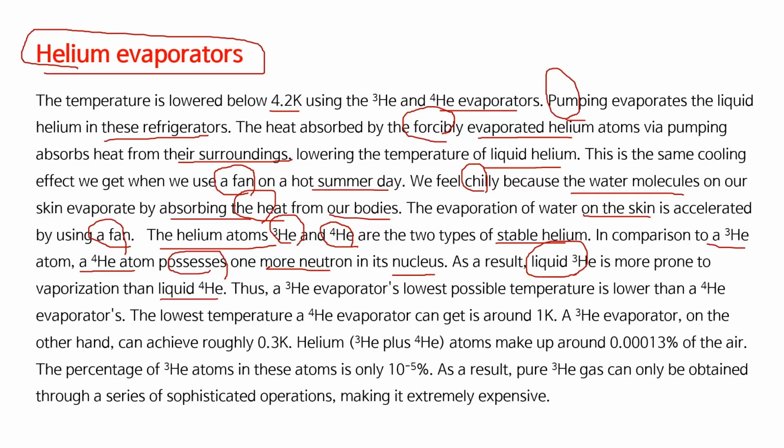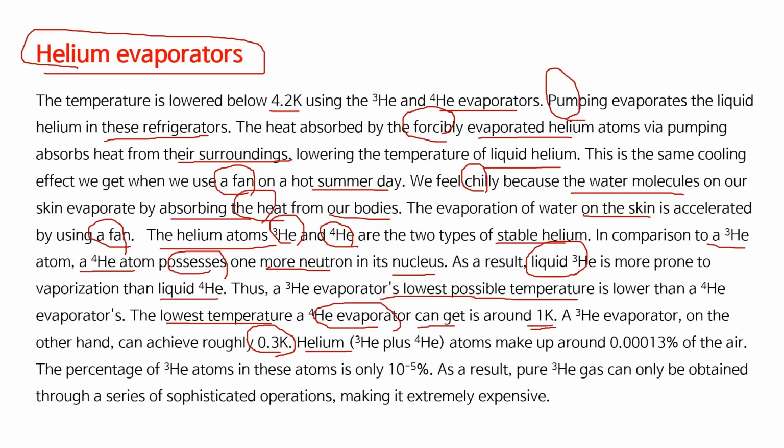Thus, the helium-3 evaporator's lowest possible temperature is lower than the helium-4 evaporator's. The lowest temperature a helium-4 evaporator can get to is around 1 Kelvin. A helium-3 evaporator, on the other hand, can achieve roughly 0.3 Kelvin.